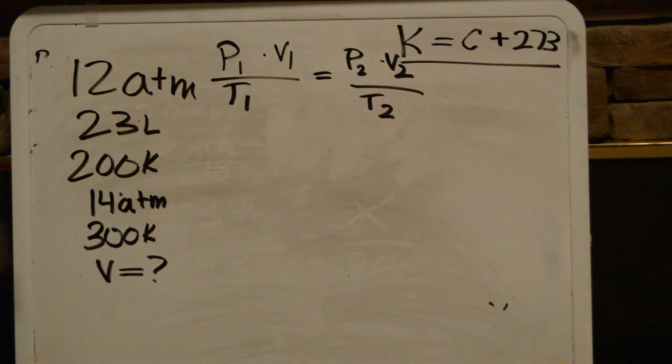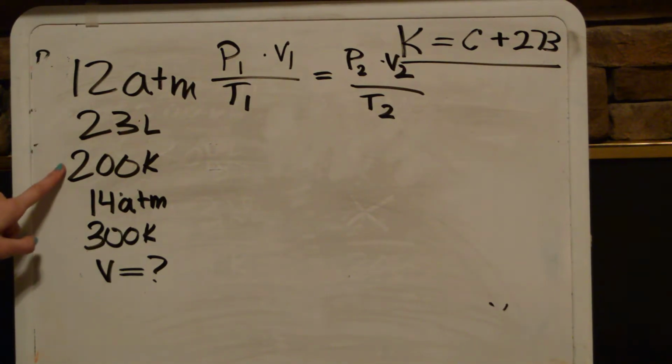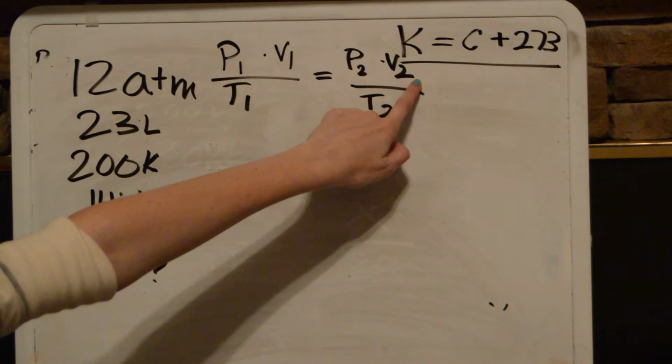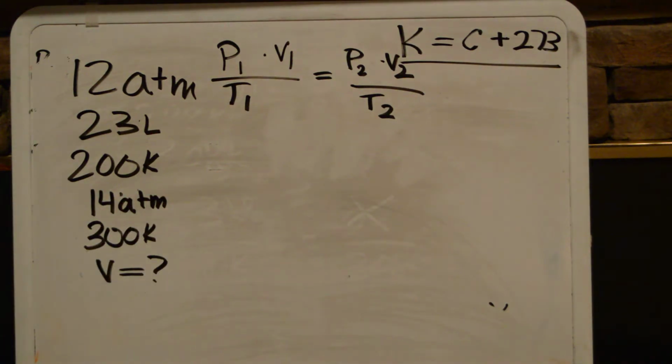Thankfully, we already have our temperature in Kelvin, so we don't need to do that calculation we've done before. Now, we're just going to cross-reference. What do we need? We need volume. Volume's on the top. So, we're going to plug and chug because that'll be a bit easier for us.